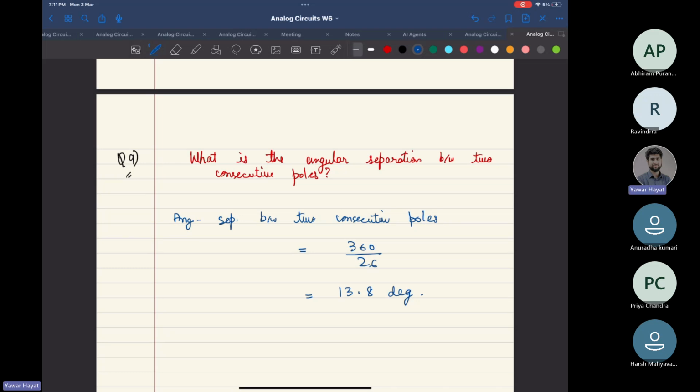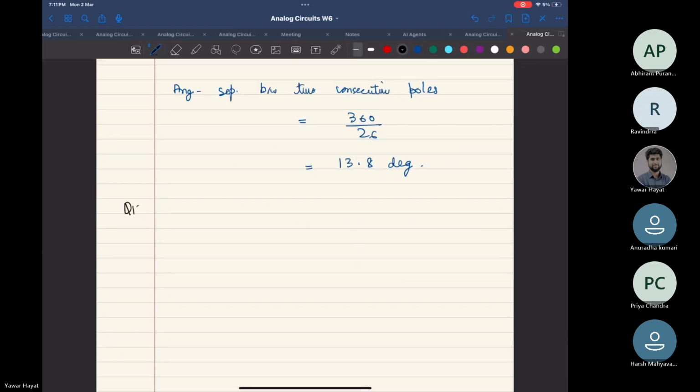Okay, now the last question. What would be the 3 dB cutoff frequency omega, assuming that I keep the same specifications? This would at least cover some specific types of problems, and then you can build on top of them.